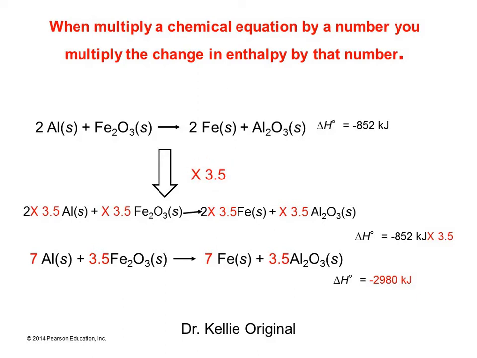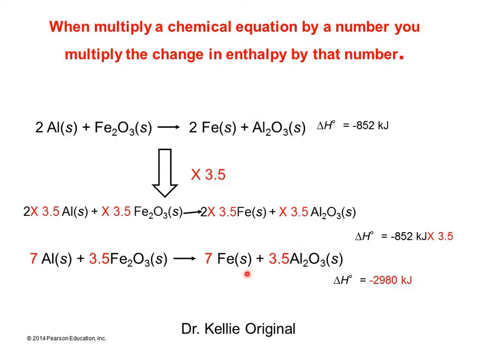Well, if I multiply all those coefficients by 3.5, I'm also going to multiply the change in enthalpy by 3.5. So 2 times 3.5 is 7. 1 times 3.5 is 3.5. 2 times 3.5 is 7. 1 times 3.5 is 3.5.